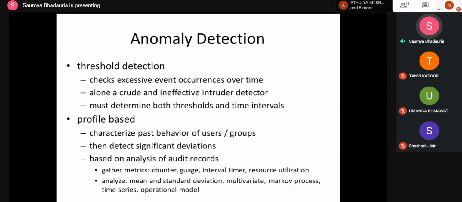So what are the events which would trigger that this is a deviation from the expected behavior? One of the events is referred to as threshold detection. I'll give you an example. Let's say I'm accessing an administrative file or a system file which only the administrator is allowed to access, and I'm accessing that file multiple times.